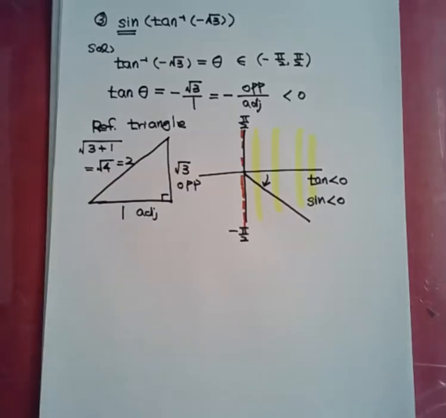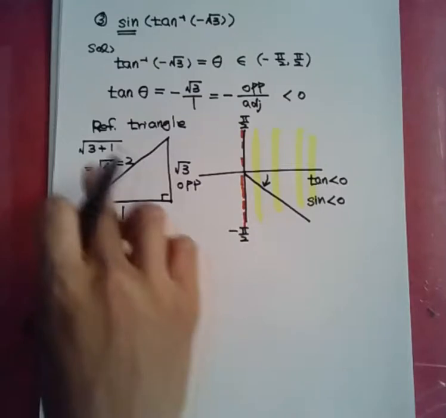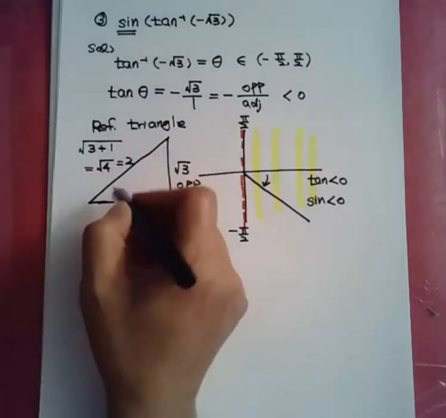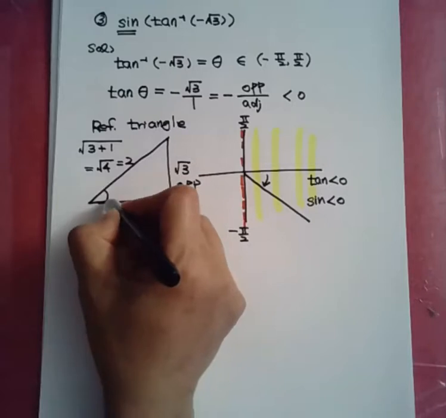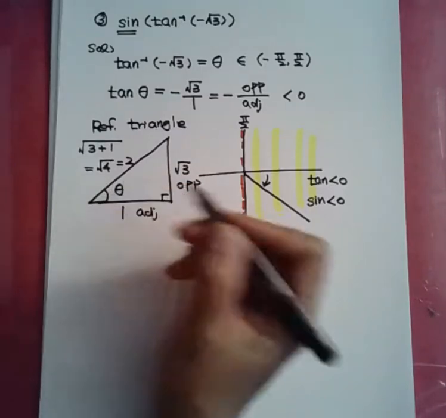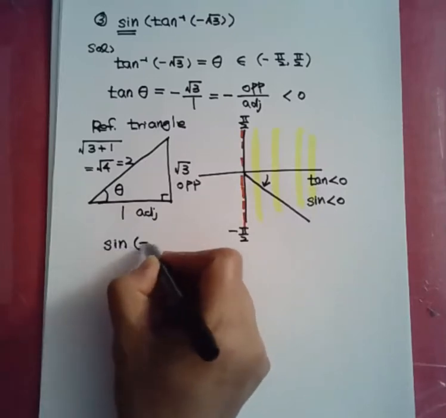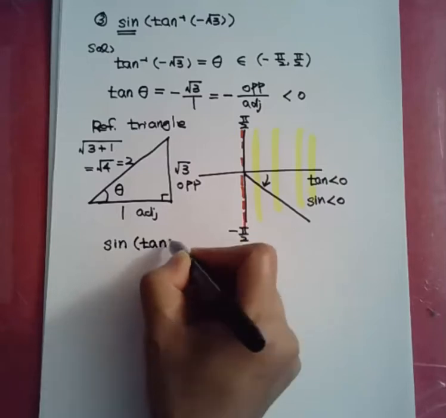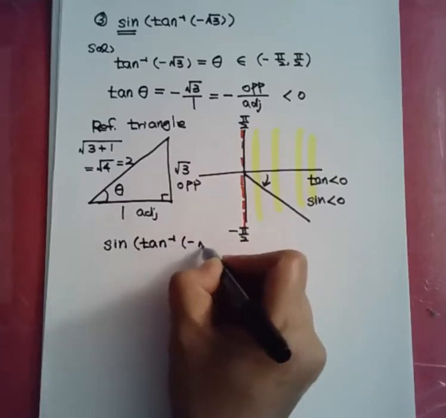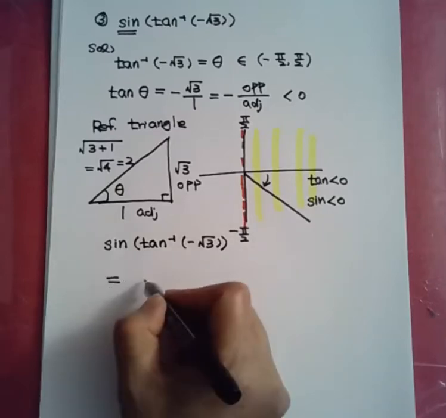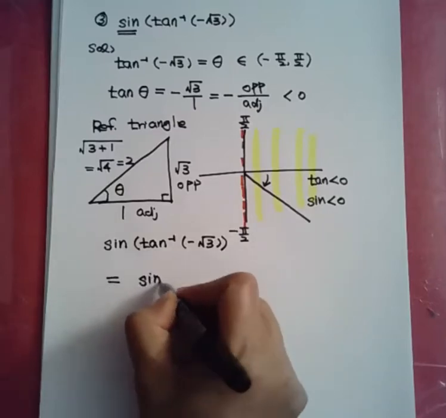Indeed, that is a 30, 60, 90 degree triangle, so the sides are 1 to square root of 3 to 2, but we don't want to think about the particular angle. Let's say this is theta. Then sine of tangent inverse of minus square root of 3 can be written as sine of theta.